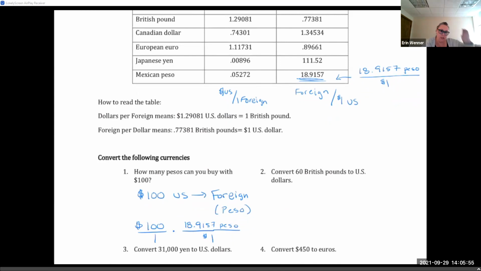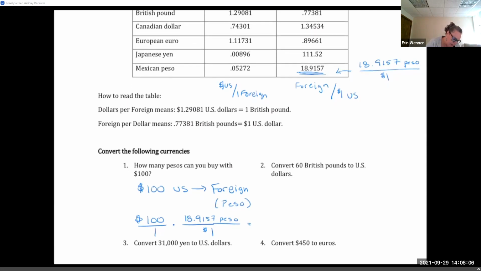So you see 100 US in the upper of the first fraction and $1 US in the lower of the second fraction. When we multiply, we cancel the dollar portion and we have 100 times 18.9157, which gives us 1,891.57 pesos.